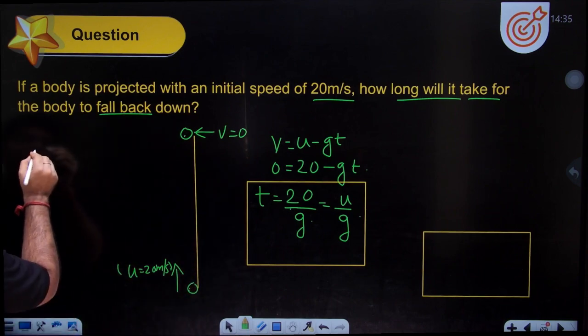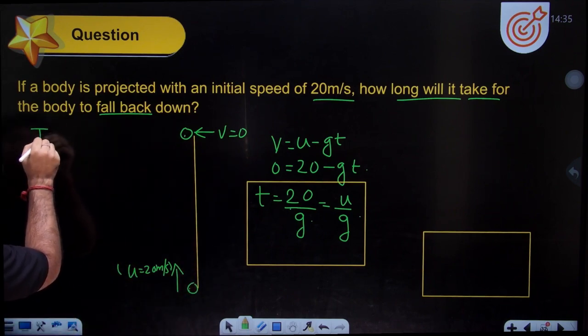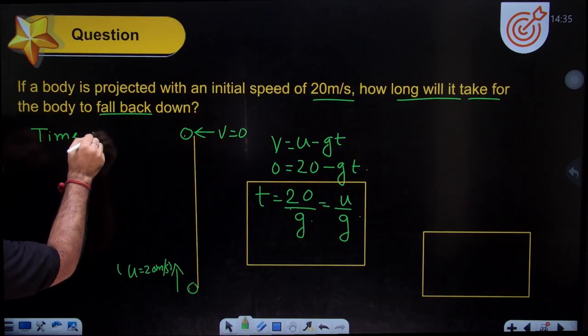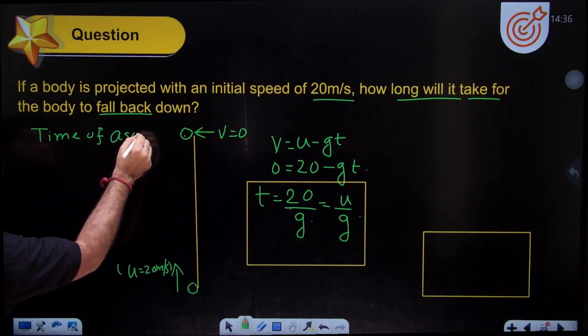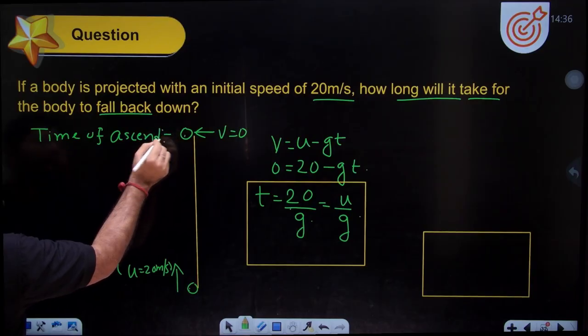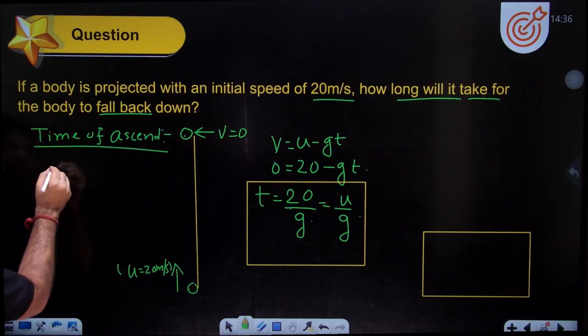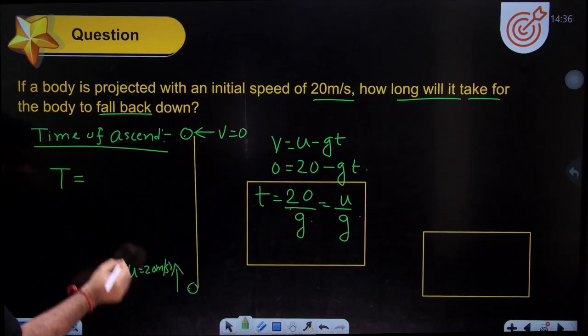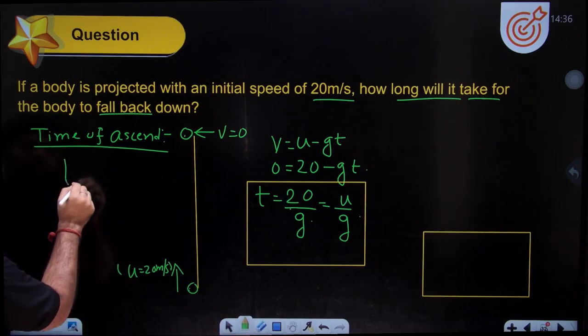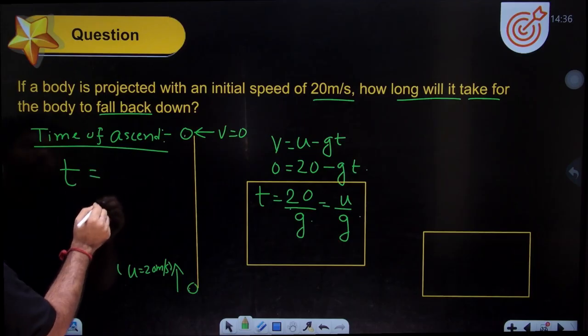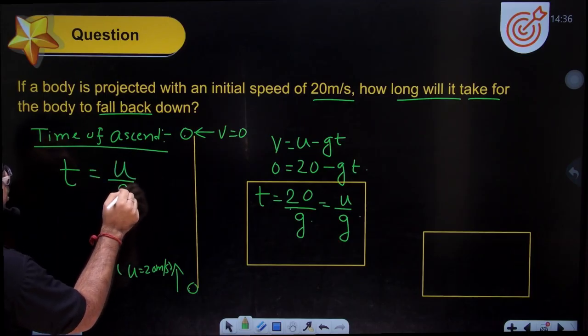But total time, you see, you can write it here, time of ascent. Time of ascent is nothing but t. I can write it small t. Let us write small t. Time of ascent t is equal to u by g.